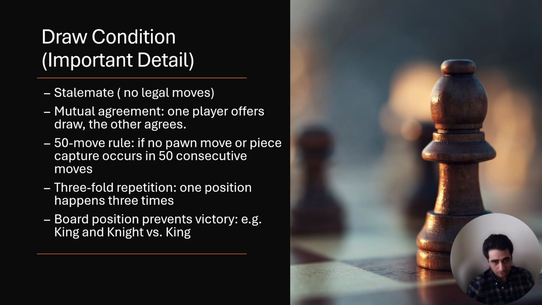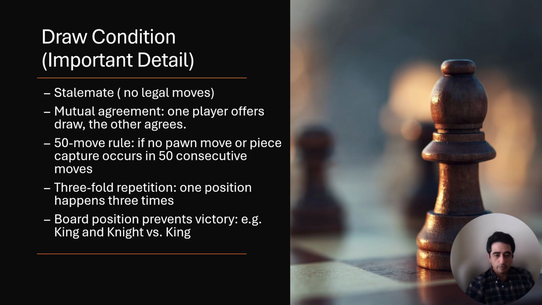So it's better to stop it. And then the other condition is threefold repetition. That means if one position of pieces happens 3 times in the match, that's a drawn game. You cannot repeat the same position 3 times. If that happens, you have a drawn game.